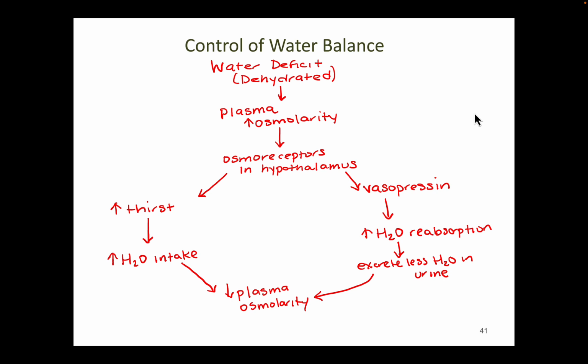So in a water deficit, increased plasma osmolarity is detected by osmoreceptors. And these osmoreceptors will allow us to increase our inputs of water by increasing thirst and decrease our output of water by reabsorbing less or excreting less water in our urine.